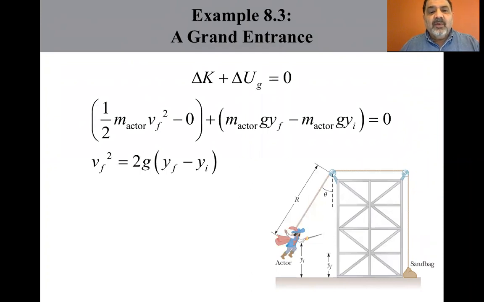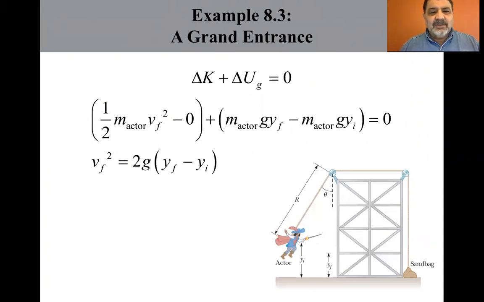So we have 1/2 the mass of the actor times the final velocity squared minus 0, because his initial kinetic energy was 0, and we have the potential energies, the mass of the actor times g y final minus the mass of the actor times g y initial. All of that has to equal 0.